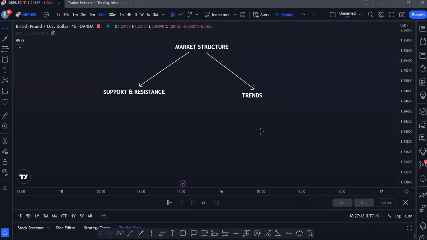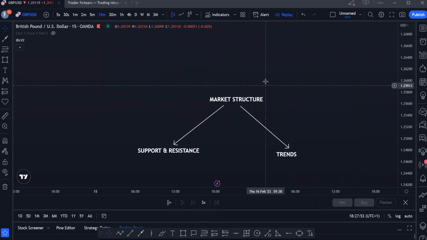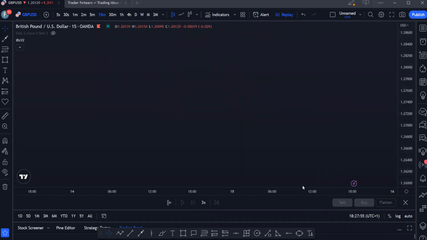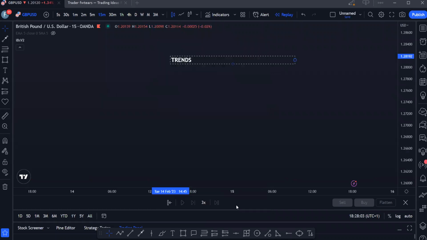Today, let us talk about trends. What is a trend real quick? Again, when we talk about market structure, it's simply the structure of the market. Trends in a nutshell talk about the direction of price.